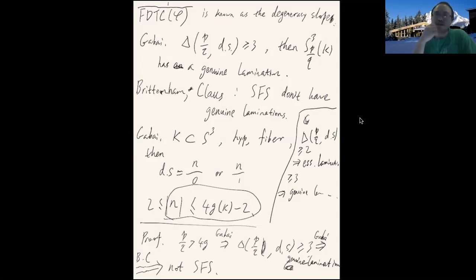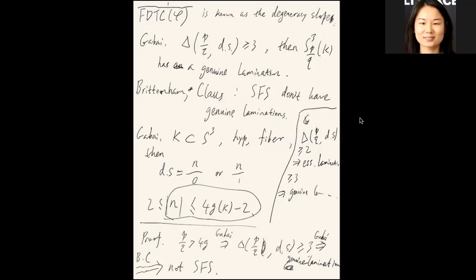Yeah, I think for 2 you can also, probably true, but then you need to know more about the lamination itself. But for my theorem, it doesn't matter. We know there is a bound, so it doesn't matter to me whether the bound is 4g or 4g minus 1.